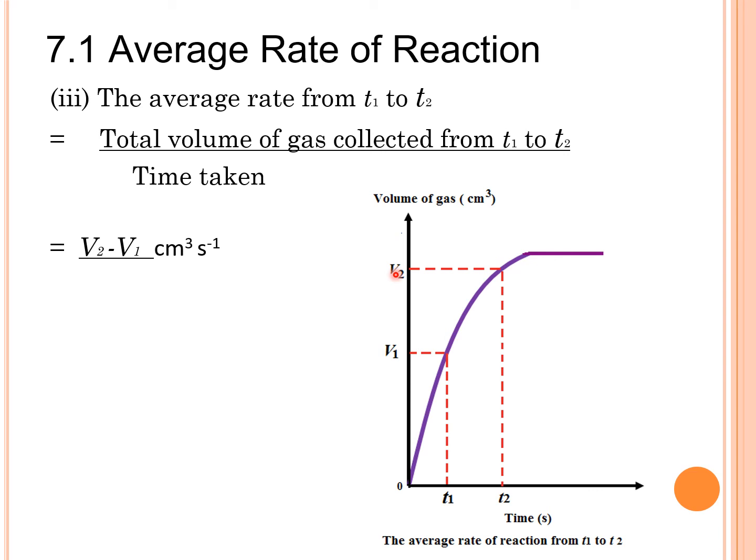So V2 tolak V1 bahagi dengan T2 tolak T1. Okay, kat sini saya letakkan formula dia. So this is the answer. So dapat jawapan unit ialah centimeter cube per second sebab awak bahagikan V kepada T, ataupun Y axis kepada X axis. Hati-hati kalau unit kat sini minit, ikut kepada graf.